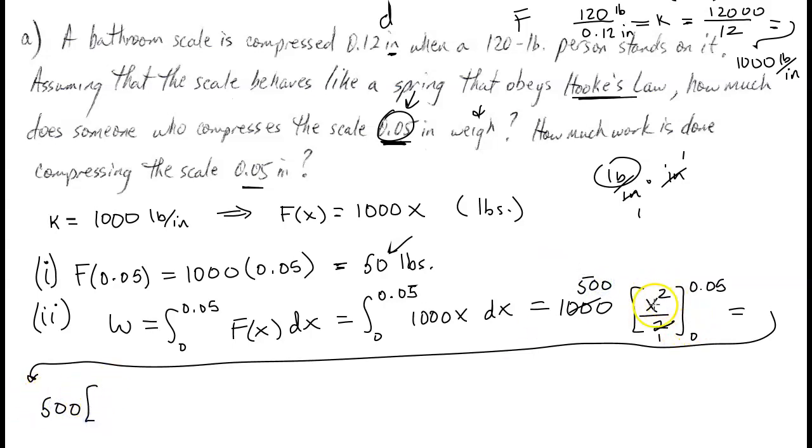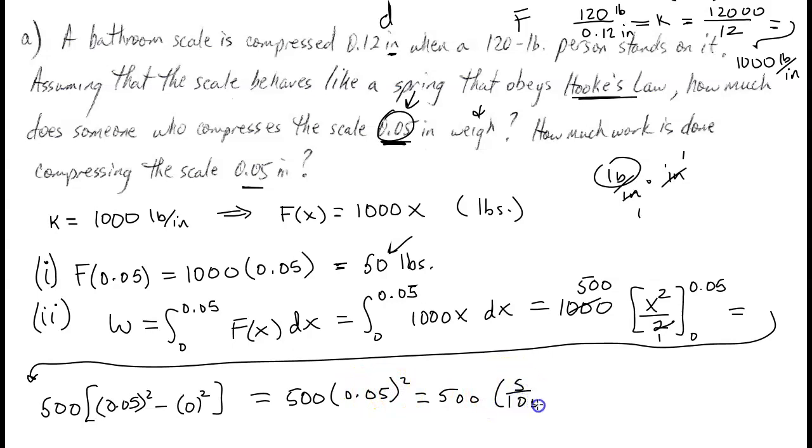And with what's left, which is x squared, if we go ahead and plug in 0.05 and square that, minus 0 squared, we essentially just have 500 times 0.05 squared. Okay. And so from here, I know 5/100ths, we can just look at it like this.